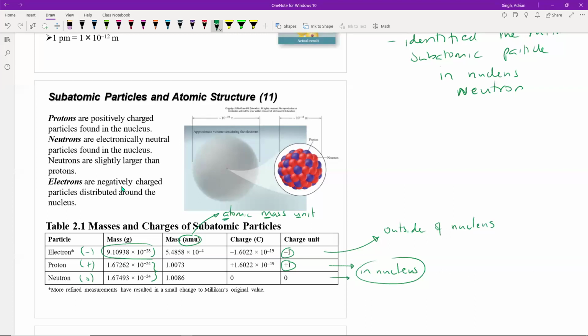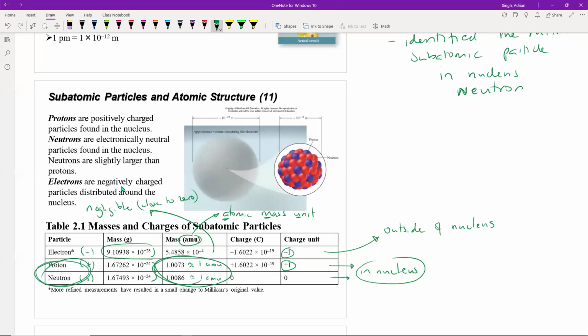But in terms of AMUs, a proton is about 1 AMU. A neutron is about the same as well, about 1 AMU. And an electron is way smaller than that in terms of mass. So small, in fact, we can consider it negligible or close to 0.